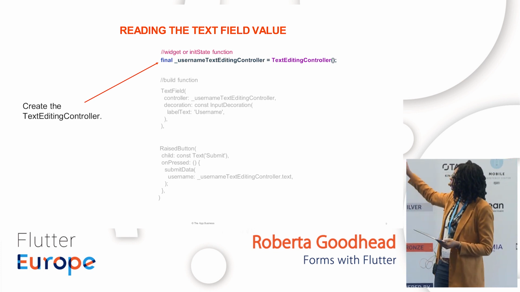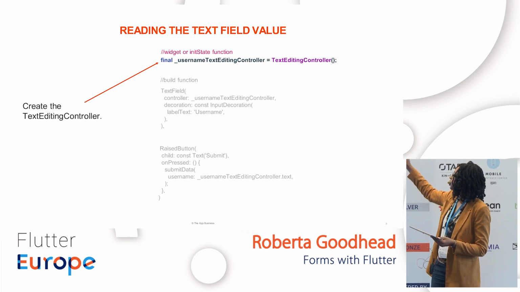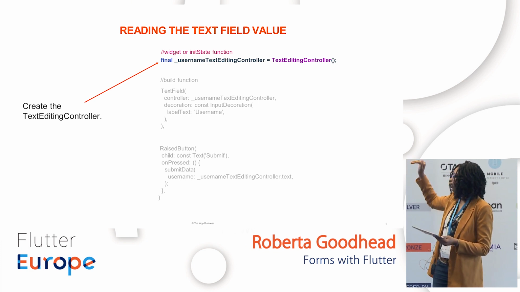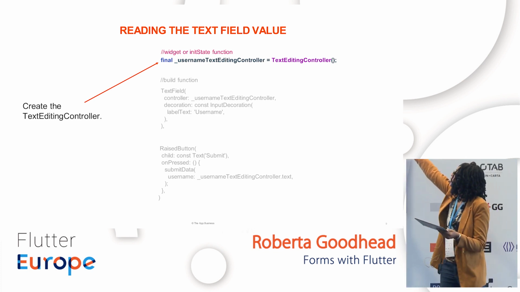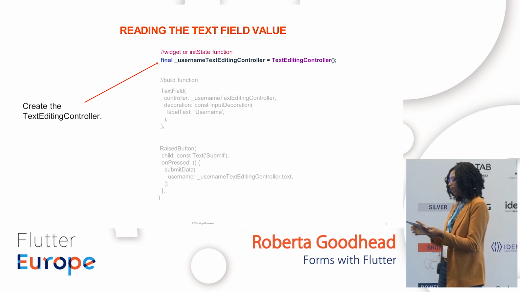In the context of a text field, in your widget's init state function, you will create your text editing controller. It's best to create it in the init state function, especially if you are adding an input to feed into the text field initially. You could just add an initial value here.